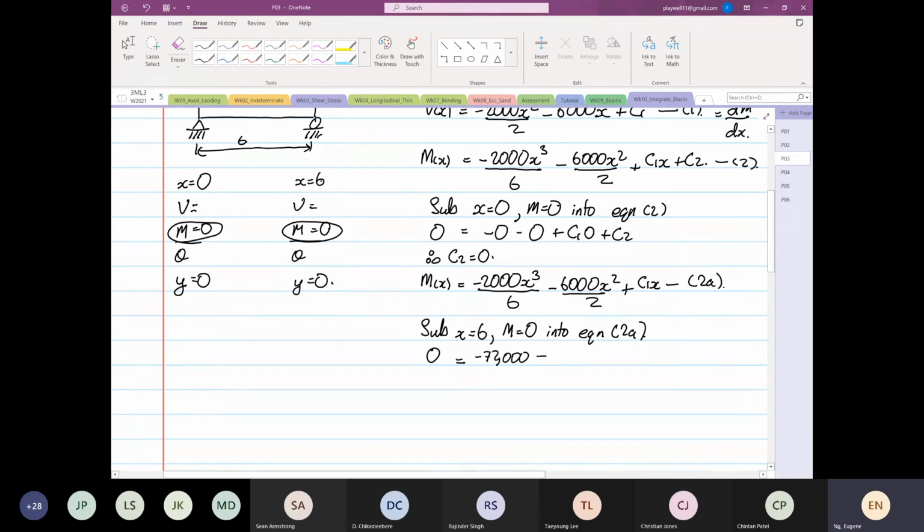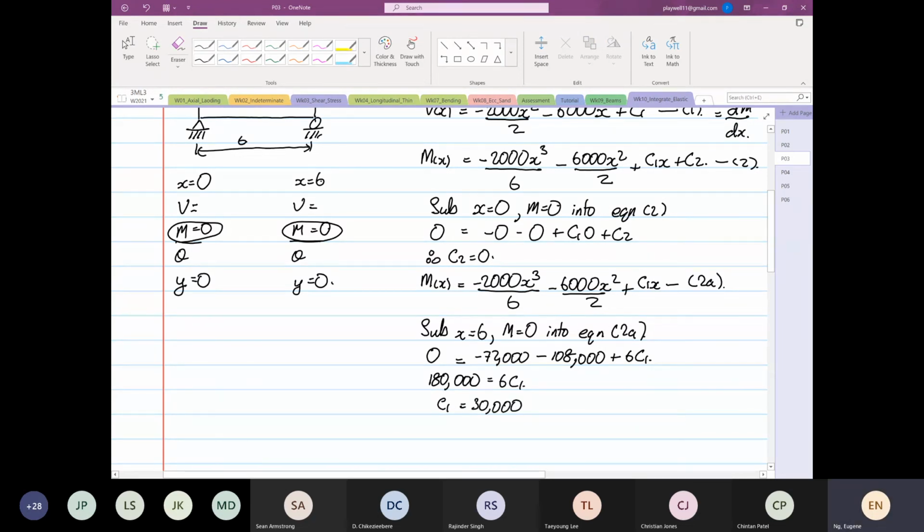And then minus 6,000 times 6 squared divided by 2, minus 108,000. Plus 6C1. So 72,000 plus 108,000 is equal to 180,000. So you bring it over, it's equal to 6C1. So C1 is equal to 30,000.